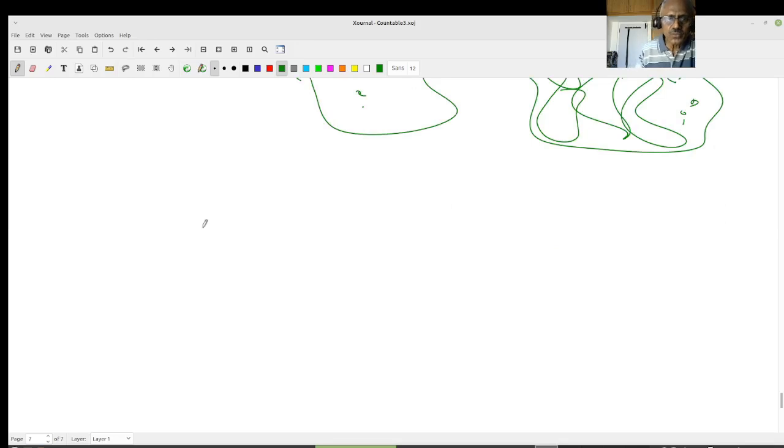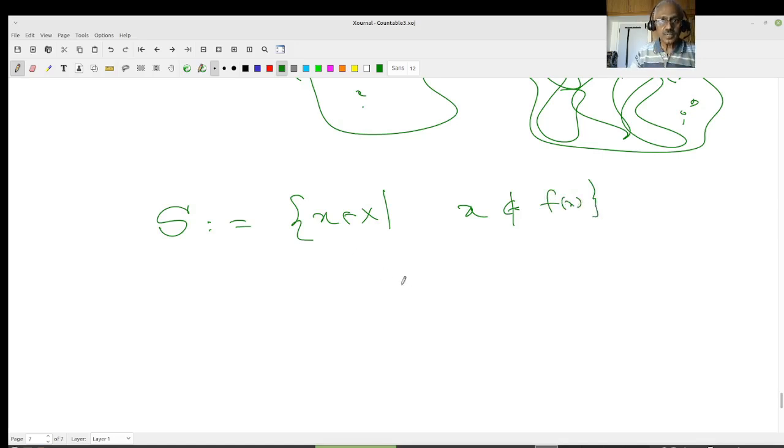So let us define the set S to be the set of all x in capital X such that x is not an element of f(x). Notice that S is a subset of X, that is, S is an element of P(X). It may very well be empty, I don't care, but S is a subset.